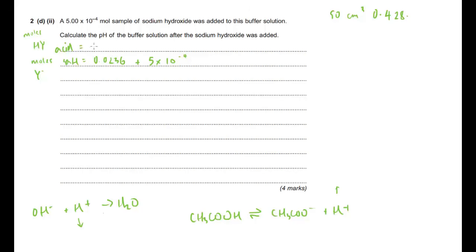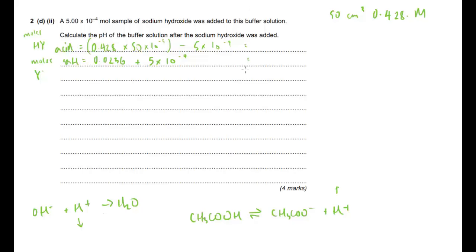Now we need to work out our acid moles. We've got a volume, we've got a concentration. So moles is concentration times volume, so 0.428 times 50 times 10 to the minus 3. Remember to convert that to decimeters cubed, and we're going to take 5 times 10 to the minus 4 away from that.